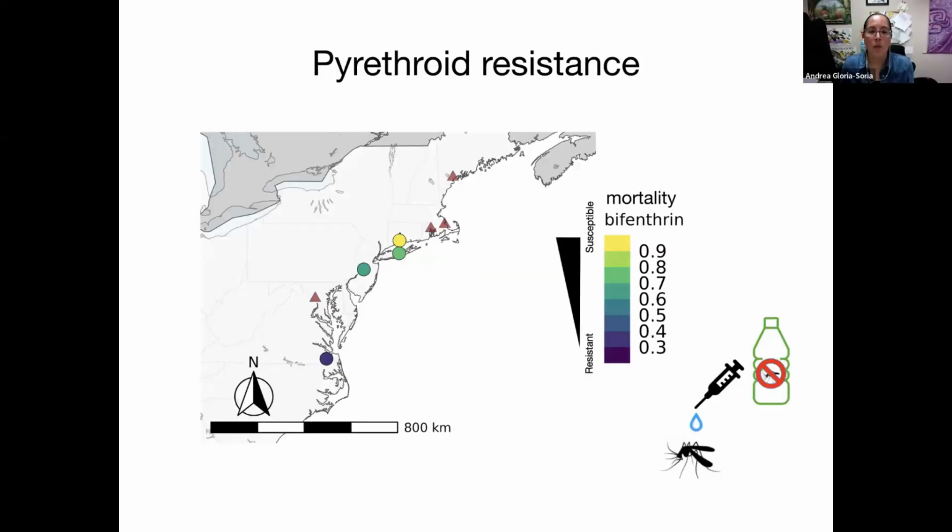We now have four populations that have been tested through topical assay. Unfortunately, it has been more complicated to get live mosquitoes in sufficient numbers in the lab, but we are still working on that.